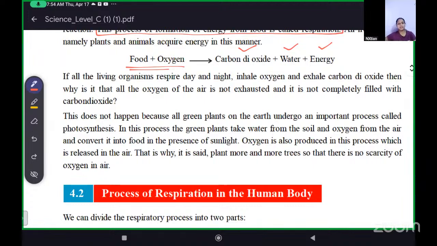That comes from food. When food reacts with oxygen, we gain CO2 and water, and carbohydrates, proteins and fats are released in the form of energy.